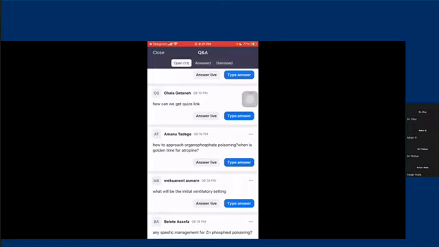Atropine is both diagnostic and therapeutic. If you give atropine and the patient is not responding, most likely the poisonous agent is organophosphate, so you have to consider giving more atropine.